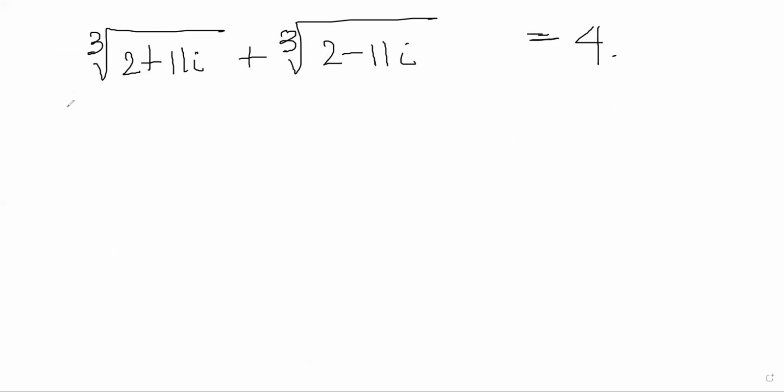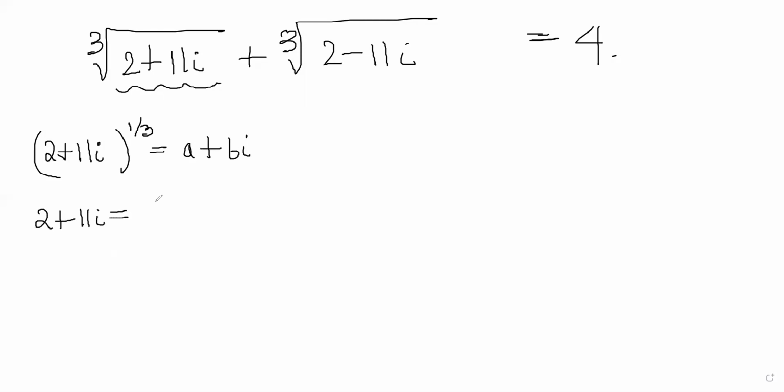So let's find out the cube root of this complex number. Let's say (2 plus 11i) to the power 1 by 3 is some complex number a plus bi, right? So cubing both sides, you get 2 plus 11i is equal to (a plus bi) whole cube.